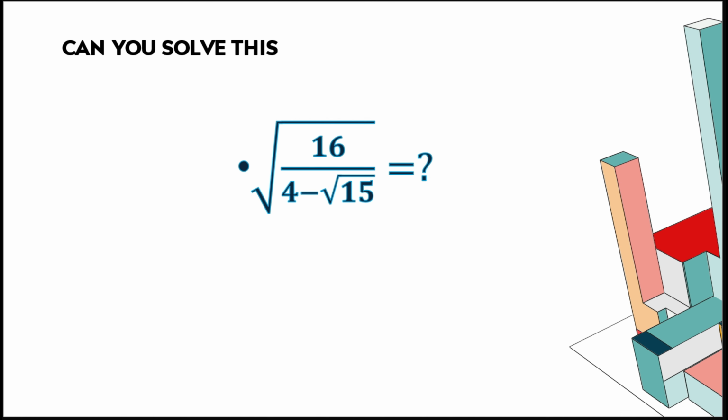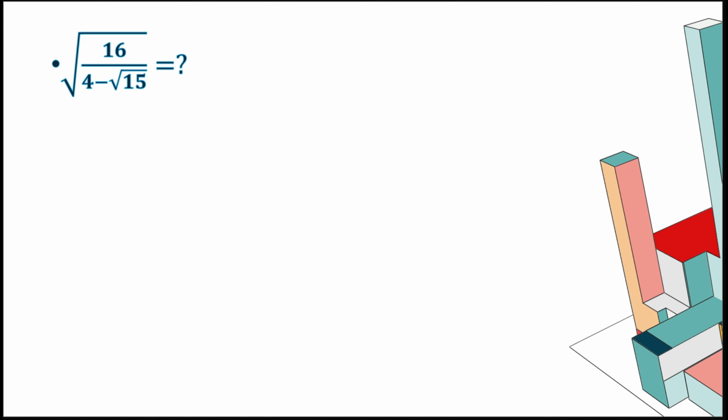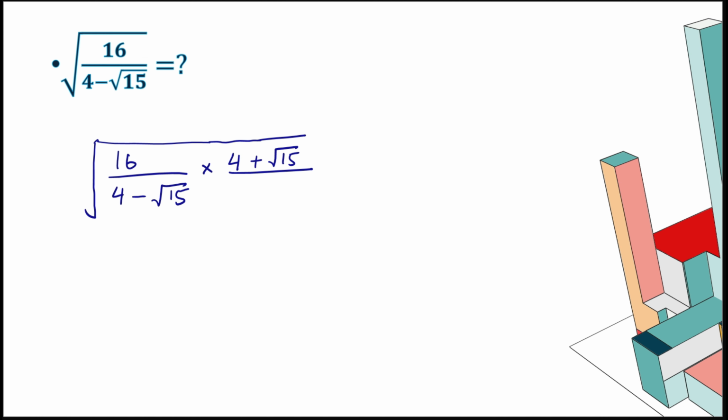So let's get started. From the first step, if you look at it, square root of 16 over 4 minus square root of 15. We can use the conjugate here, and multiply by 4 plus square root of 15 over 4 plus square root of 15.